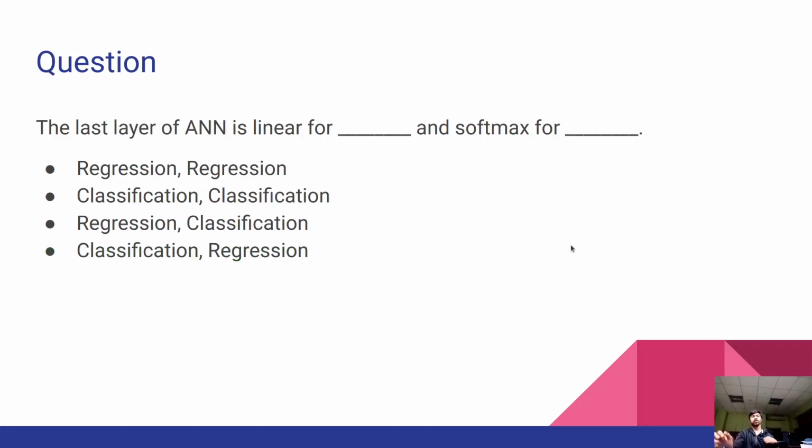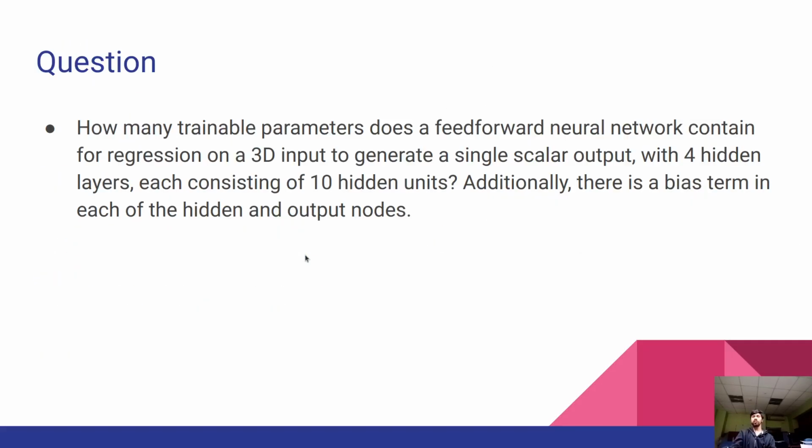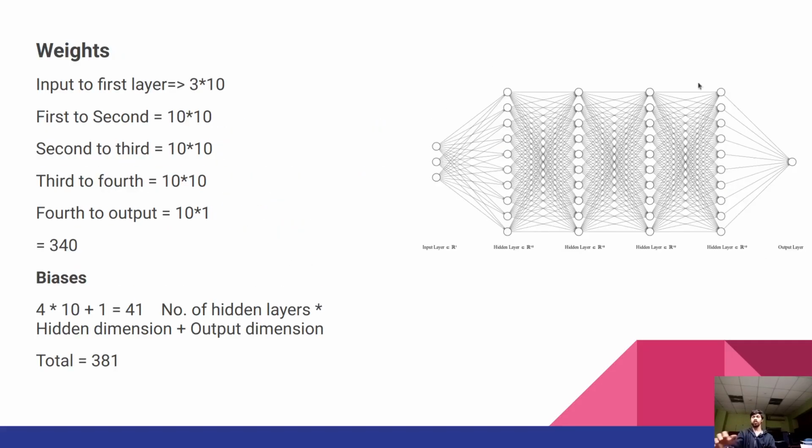Next one, the last layer of ANN. ANN means artificial neural network. It is linear for which, and softmax for which. So this is the question. Suppose this is an artificial neural network. Linear means we have a value here.